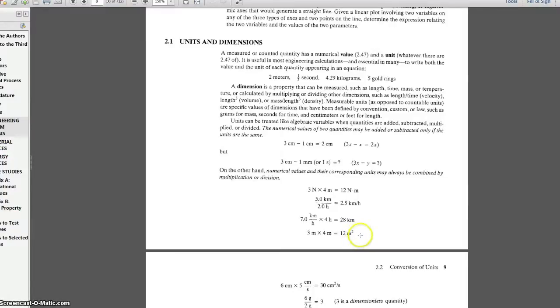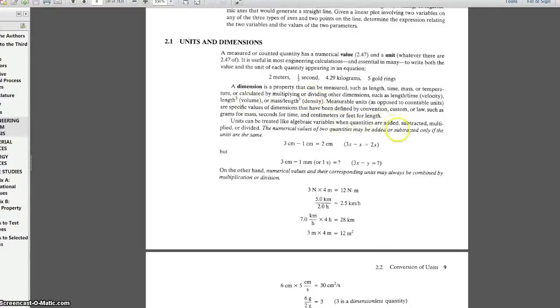And the last part is dimension. A dimension is a property that can be measured, such as length, time, mass, or temperature, or calculated by multiplying or dividing other dimensions, such as length over time, volume, which is length times length times length, and density, and so on.